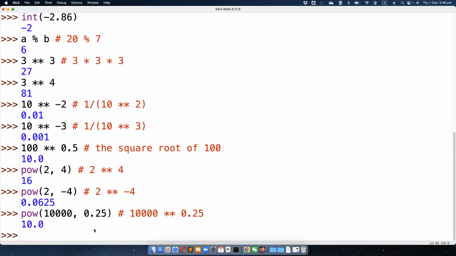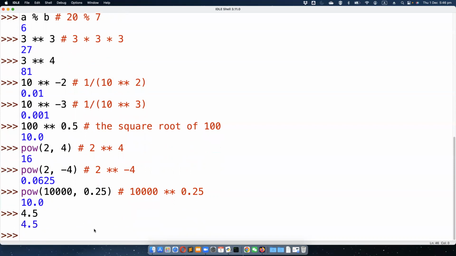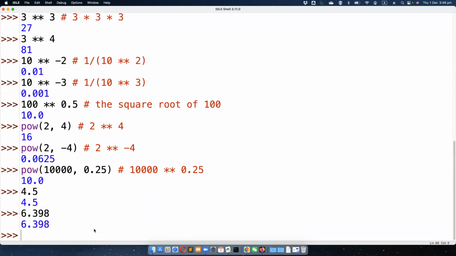Okay. Next, let's turn to real numbers like 4.5, 6.3. Okay, you can see these are called floating point numbers.